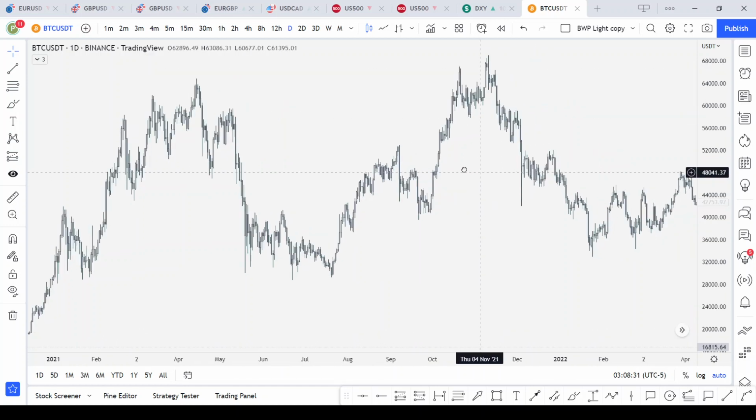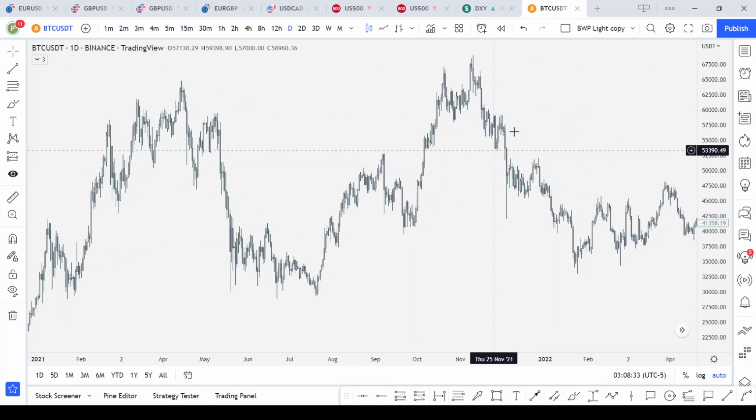And it was at this point that I started to sell off my crypto holdings. And I'm glad I did. I'm really glad I did, because I can't imagine how much I would have lost if I was still holding on to my bags.